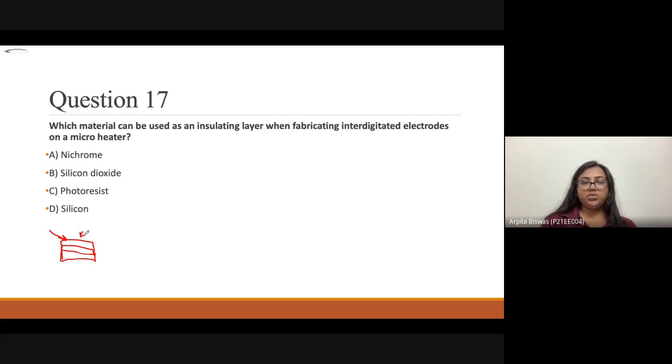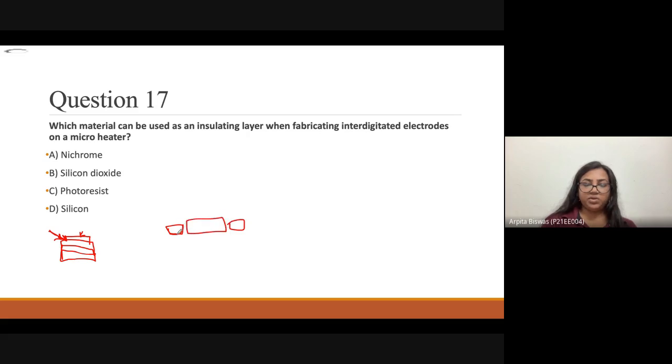So what we will do, we will deposit an insulating layer in between this nichrome heater and the interdigitated electrode. There we will deposit some insulating layer on the nichrome heater, but we will open the nichrome heater pad, and in between this we will deposit the insulating layer.